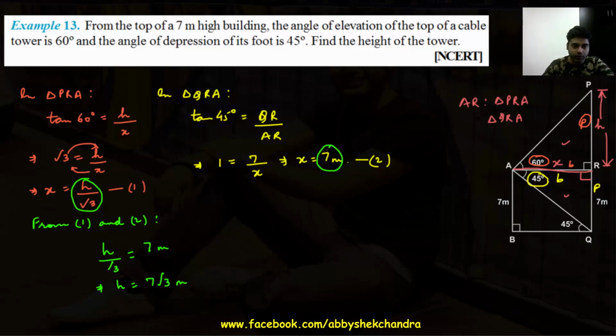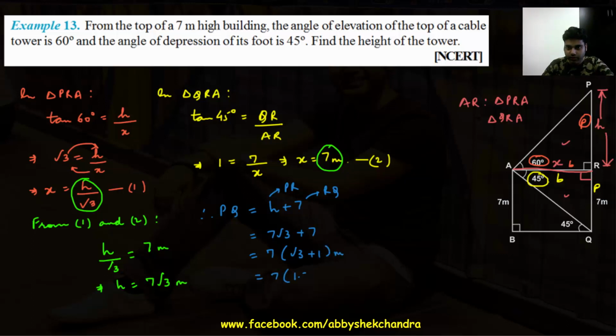So now we had to find PQ, right? So PQ, the height of the tower, will be H plus 7, right? Because this is PR and this is RQ. Now H is 7 root 3, plus 7, or take 7 common, root 3 plus 1 meters.